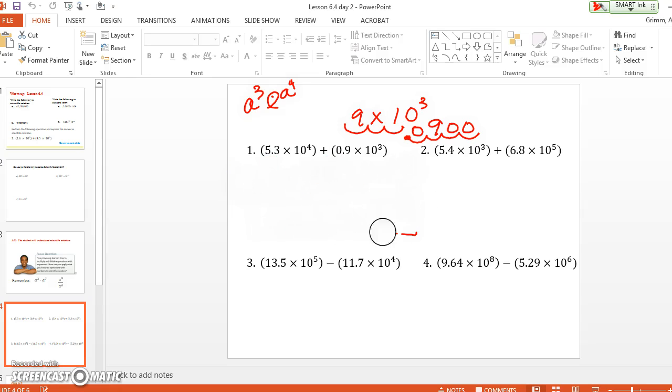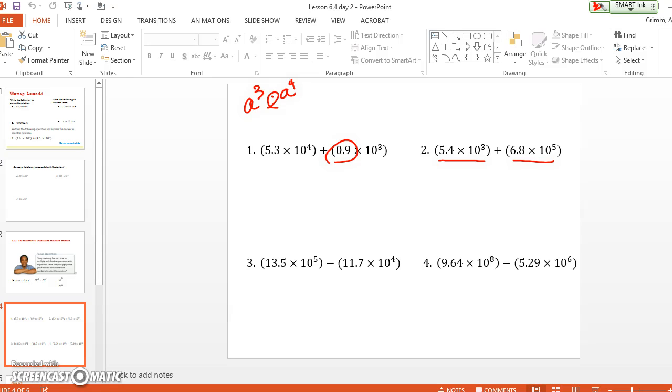Now, this one's different because they're both in correct scientific notation form, right? They both are fine. Where this one, we're kind of like, well, that's not even in the right form anyway. So what do you want to do here, Eric? You want to make bigger numbers smaller, so you want to manipulate the 5?